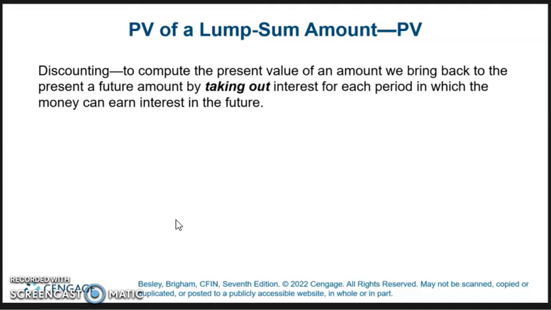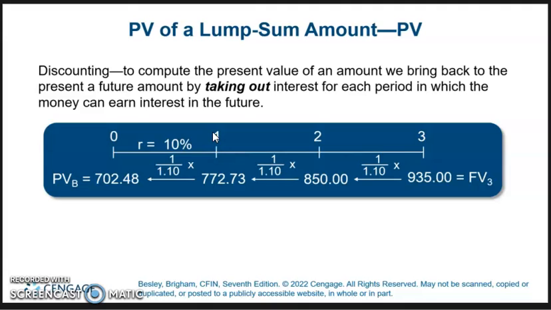So discounting. We're going to go back to our original calculation. To compute the present value, we need to bring it back to today by taking out interest for each period. So using the timeline, the $935 divided by 1.1 is $850. $850 divided by 1.1 is $772.73. 772.73 divided by 1.1 is $702.48.